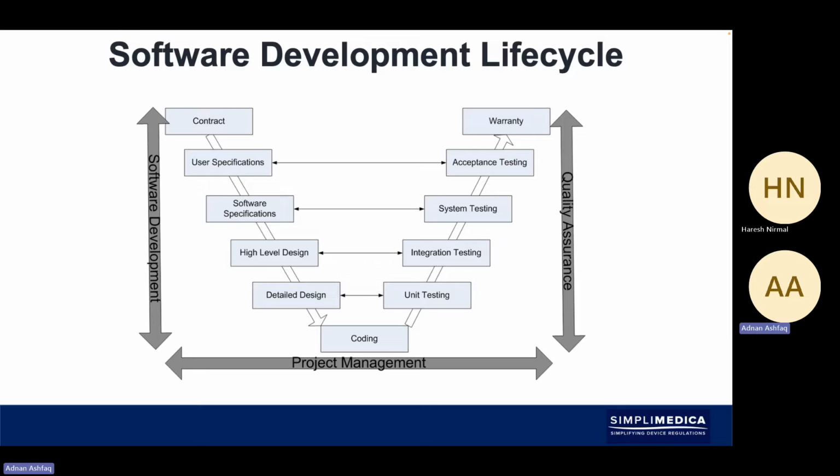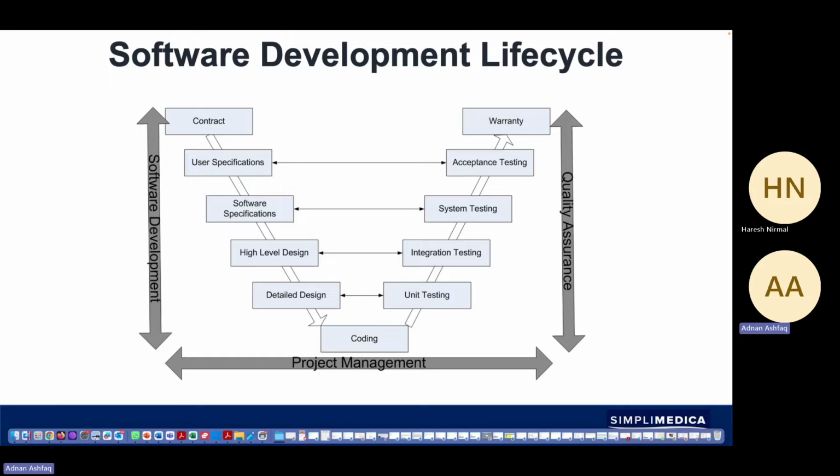There'll be a high-level design and then more detailed design, which will then lead on to the coding, which would then require unit testing, integration testing, system testing, and then acceptance testing. And then, of course, the warranty that is coming from the manufacturers. So this is a typical V model, which is used in the software development lifecycle.